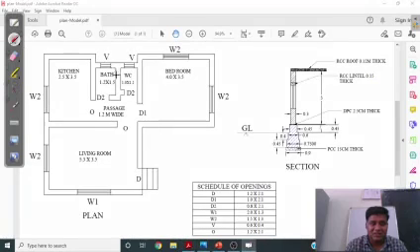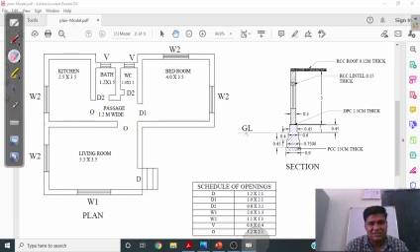Again, there are D2 doors, two numbers of D2 doors and two numbers of passage. So D2 is 0.8 by 2.1 and the passage is 1.2 by 2.1.